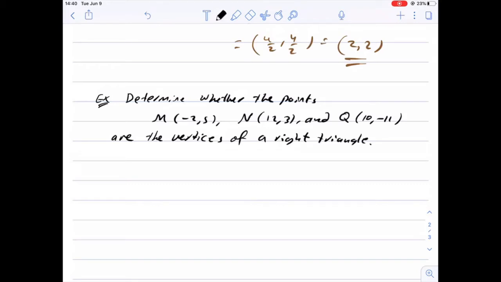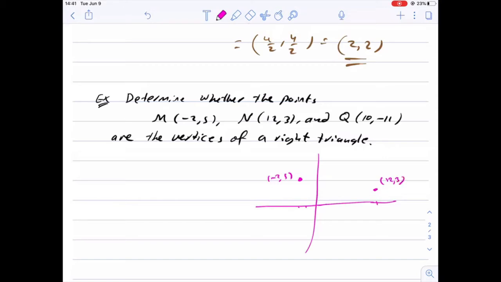If they are vertices of a right triangle, that means this squared plus this squared equals the hypotenuse squared. So let's do this. Let's locate these points on the rectangular coordinates. The point (-2, 5) is here, and (12, 3) is this point here.